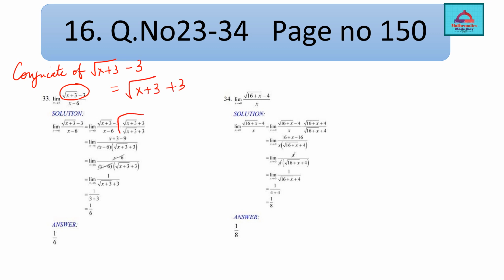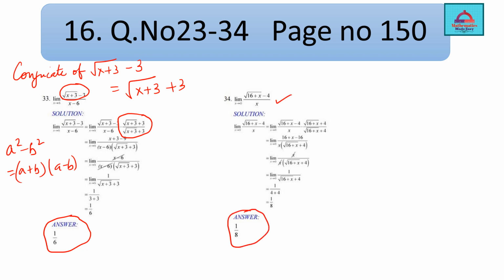So you multiply numerator and denominator with that, use a square minus b square as a plus b multiplied with a minus b, simplify and your answer comes out to be 1 by 6. In an exactly similar way, the answer of the next question is 1 by 8. So this is how you do the limit of factorization and rationalization. So that was the answer key for questions 23 to 34.